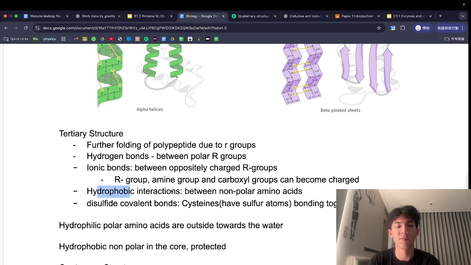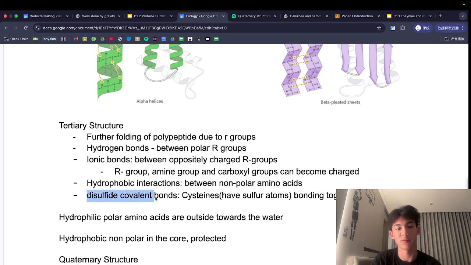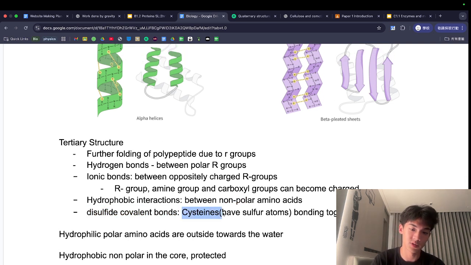Hydrophobic, which is nonpolar, will bond with other hydrophobic amino acids. Another one we need to know is the disulfide covalent bond, which is between cysteines, which have sulfur atoms, and sulfur will bond together.